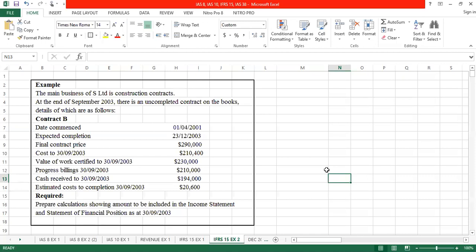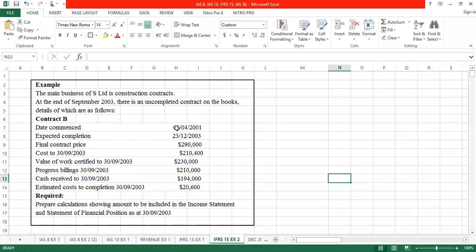At the end of September 2003, take note of the period, there is an uncompleted contract on the books, details of which are as follows. So you have been given the contract details, contract B.